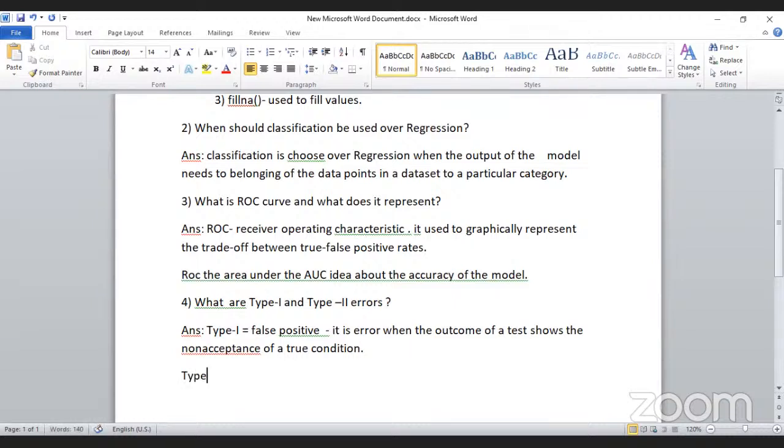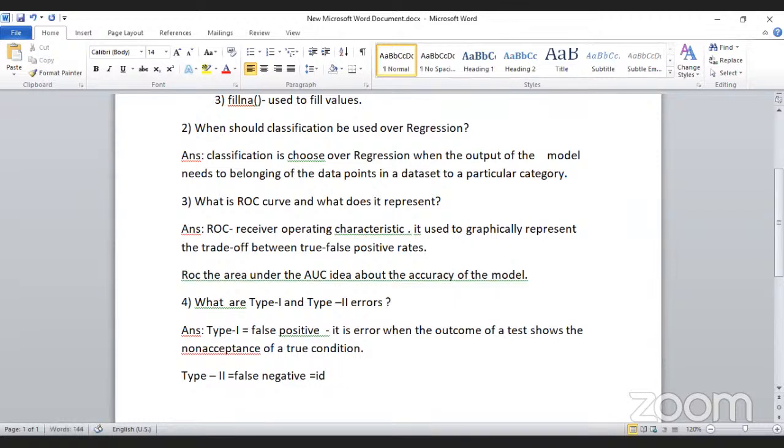Okay. What is type 2 error? It is false negative. What is false negative?